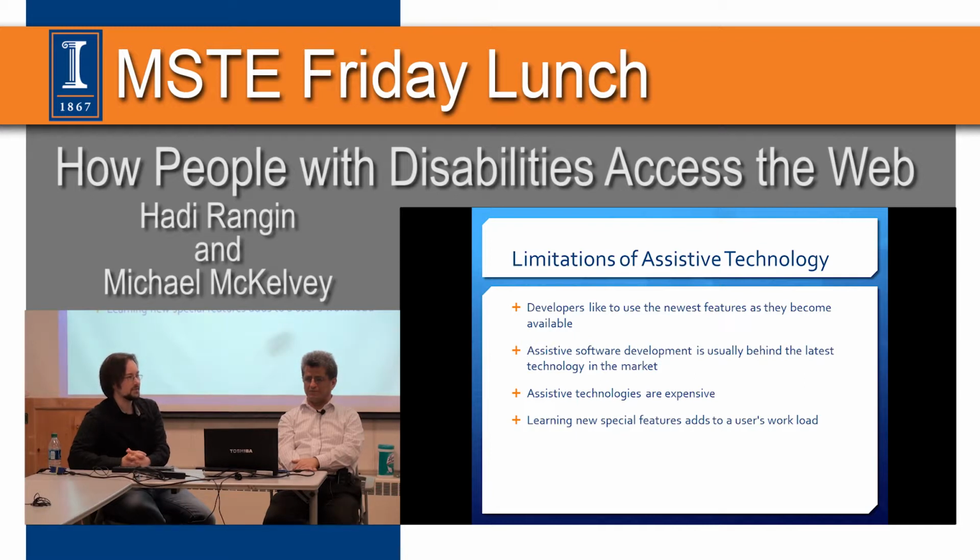Assistive technologies, some of them can be very expensive, as Hadi was just describing, where $4,000 is cheap, and the commercial screen reading software is pretty expensive. There are free and open source options out there which do a pretty good job, but I think the industry standard is still the commercial software that costs lots of money.